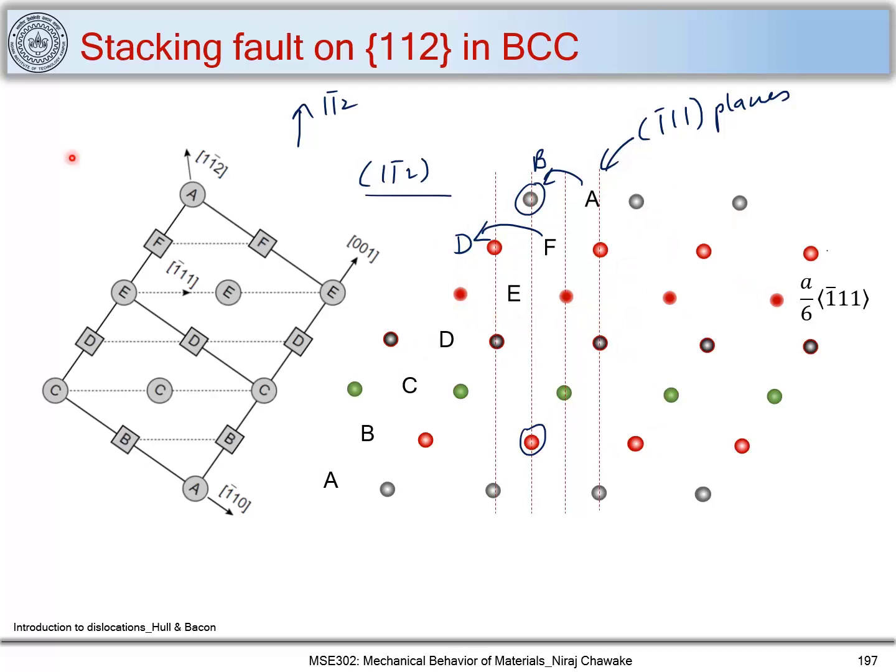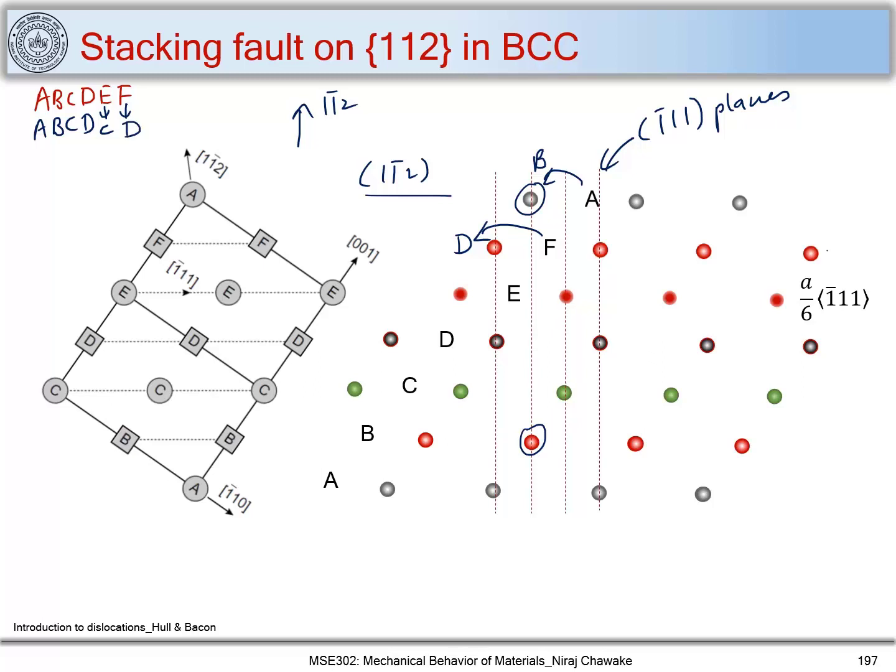So let us write it down. Initially what we had was A, B, C, D, E and F. Now after gliding, what has happened is you have A layer, B layer, C layer, you have D layer intact, E layer has become C layer, F layer has become D layer.